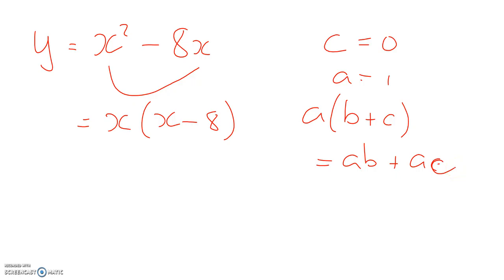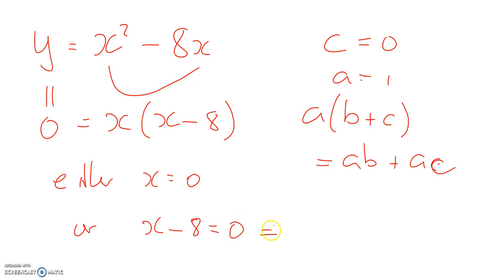Once again, if we make this equal to 0 to find the x-intercepts, or the roots, or the zeros, this implies that either x equals 0 or x take 8 equals 0. And this one implies that x equals 8. So 0, 0 is one of our x-intercepts, and 8, 0 is our other.